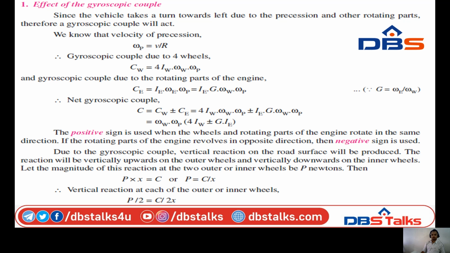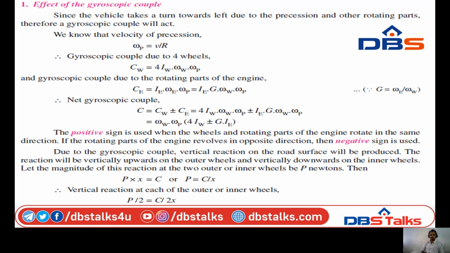the gyroscopic couple towards the left-hand side due to the precession of an engine and wheels of a vehicle, for calculating the velocity of precession, and the gyroscopic couple due to four wheelers, and the net gyroscopic couple, that is, the gyroscopic couple due to the four wheelers and the gyroscopic couple due to the rotating parts of an engine, combined.